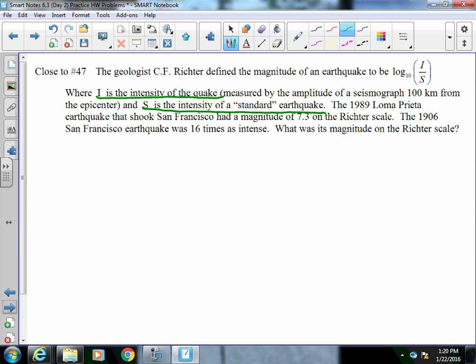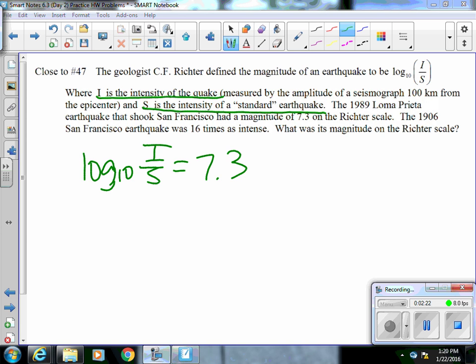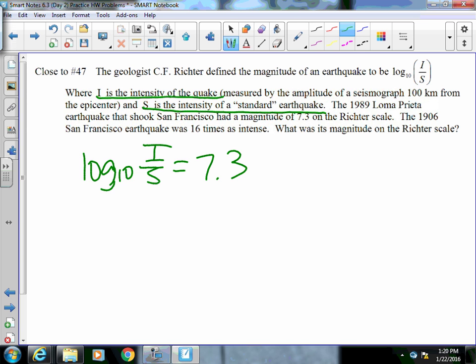What is its magnitude on the Richter scale? So, it's a little bit tricky, but we're going to be okay. We know that log base 10 of I over S is equal to 7.3. This is the San Francisco Loma Prieta earthquake in 1989, so I'll just put a little 1989 so we know.